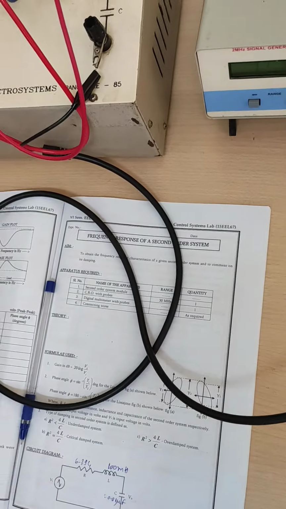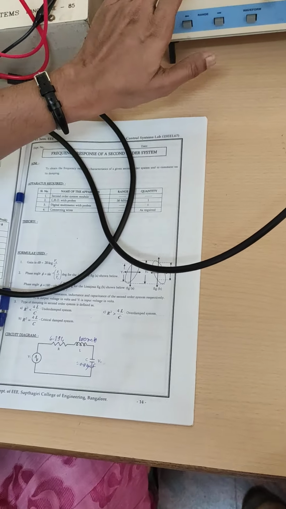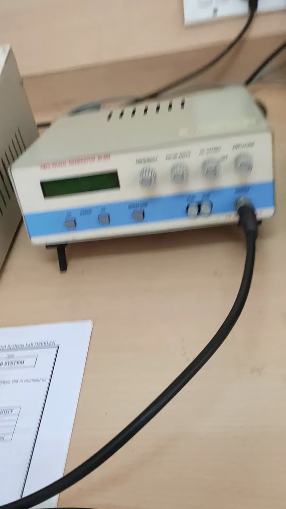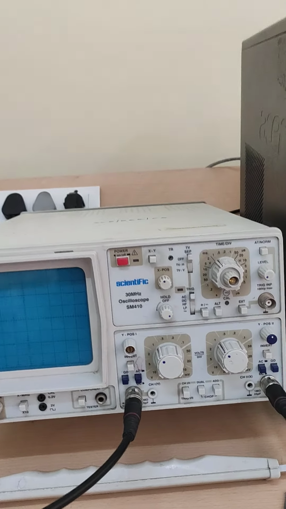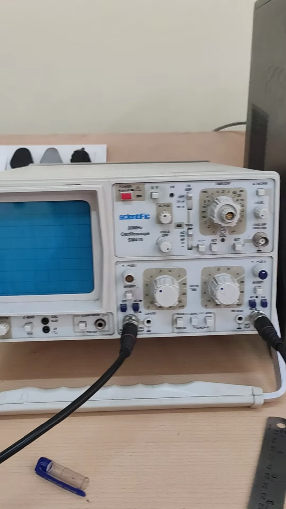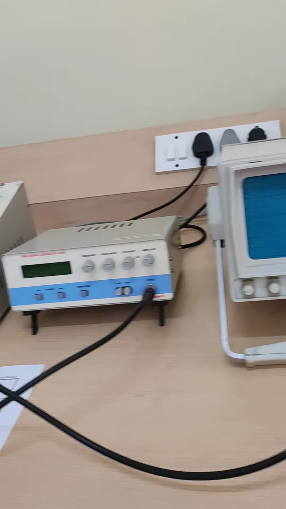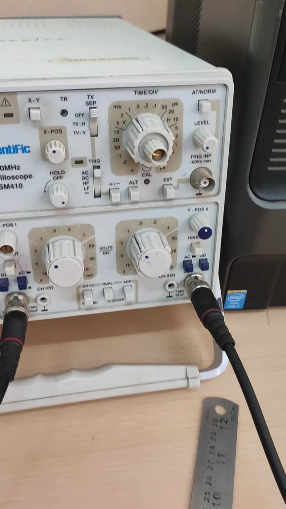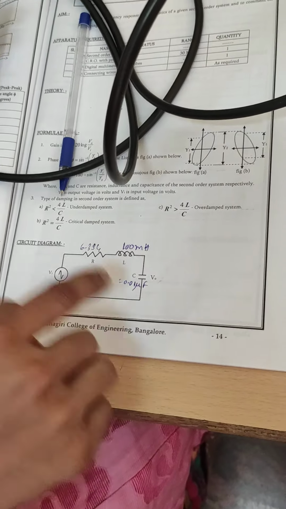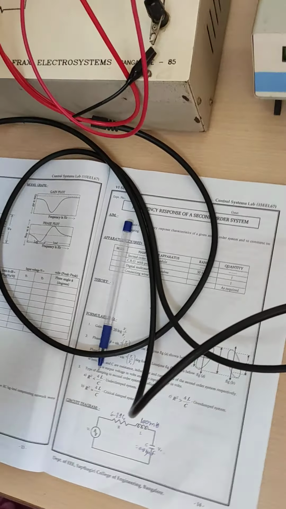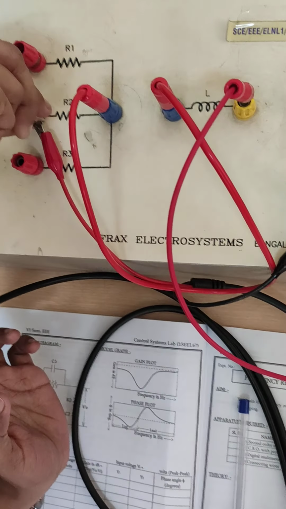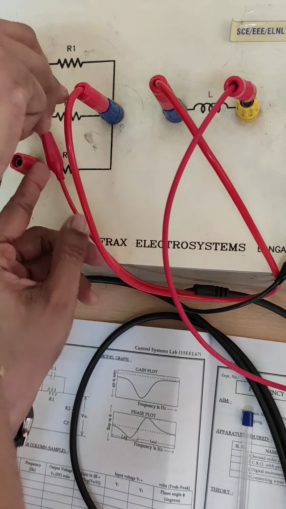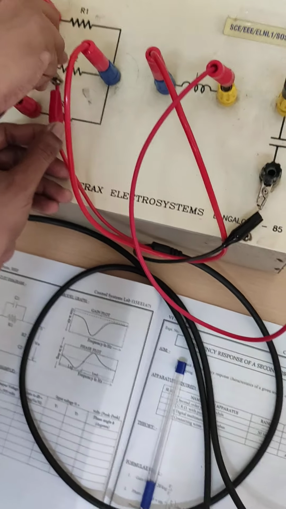After this, you provide the signal from the signal generator. In the CRO you have two different channels, channel 1 and channel 2. Channel 1 is connected to input, and channel 2 is connected to output. From the circuit, the input is across R and C, so where you connected the signal generator, there I will connect the red point.